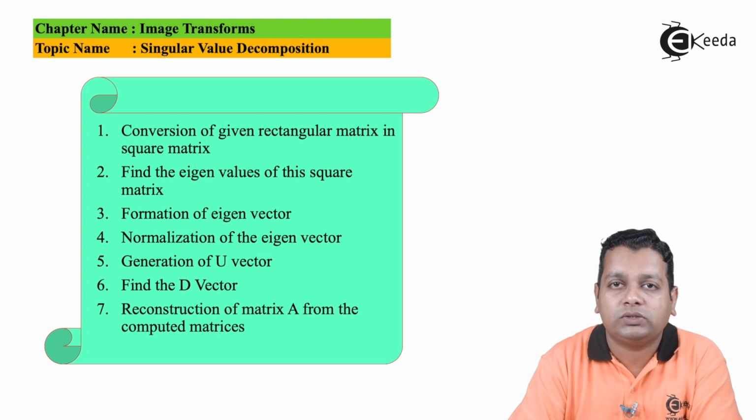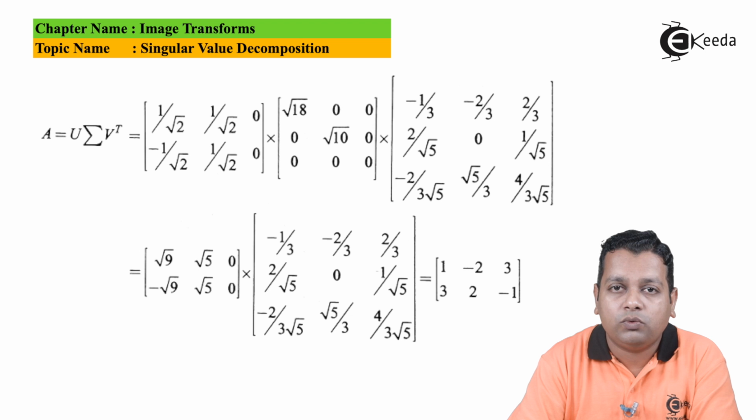So the inverse is also possible for the singular value decomposition method. So this was the method, and for the given matrix A with 2 rows and 3 columns that you have just seen, it can be worked out with this formula.